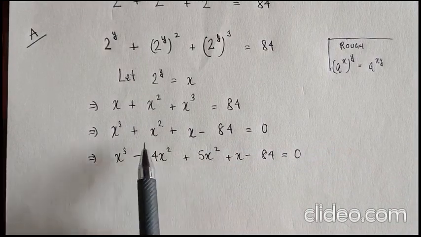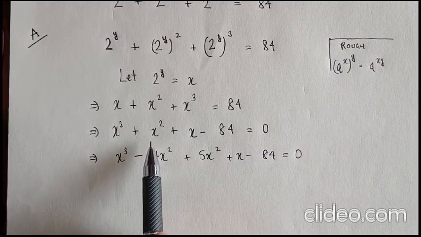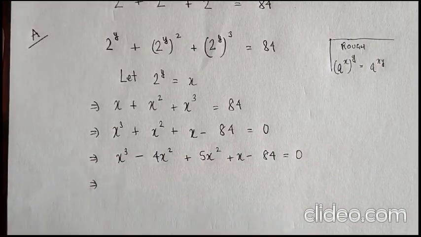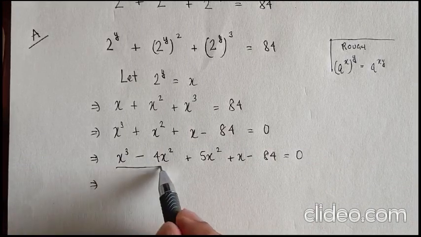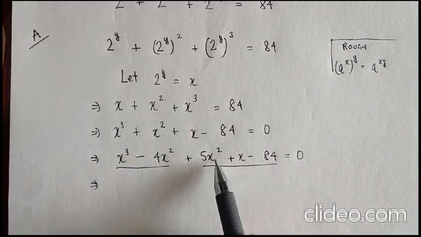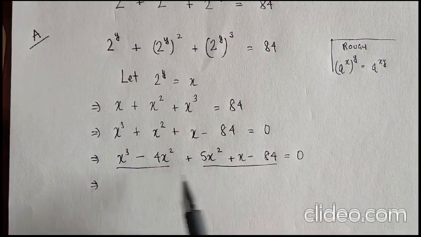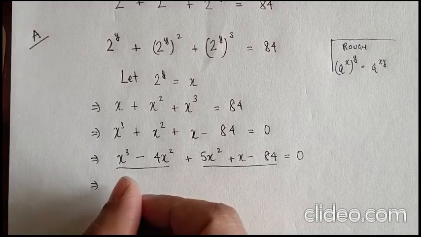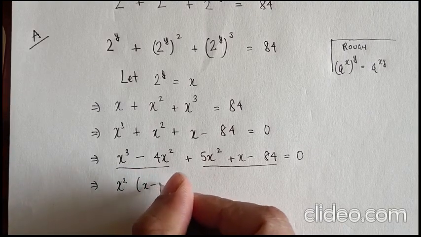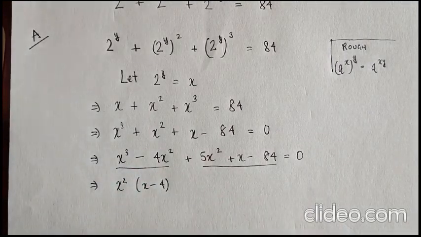So 5x squared minus 4x squared is equal to x squared, right? Now we have got two terms here which we can factorize, right? This is a quadratic equation. So the first one, when we factorize, the x squared is common, right? And x minus 4 is in the brackets.